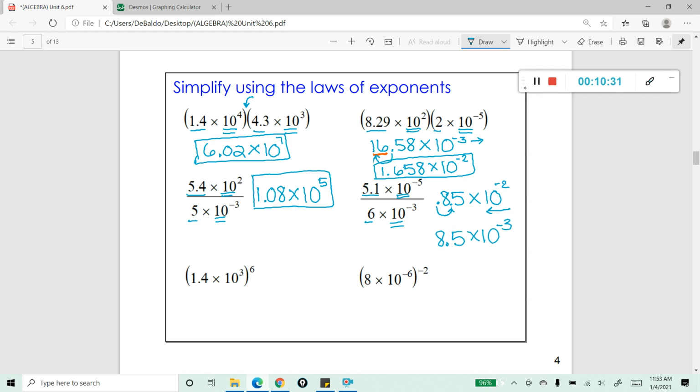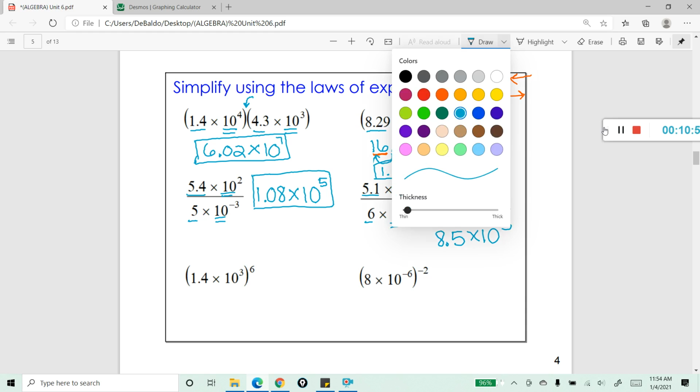My rule of thumb with the exponents, let me write it up here at the top: if you're moving your decimal to the right, you're going to move your exponent to the left. If you're moving your decimal to the left, you're going to move your exponent to the right. So you're either going kind of together or apart.